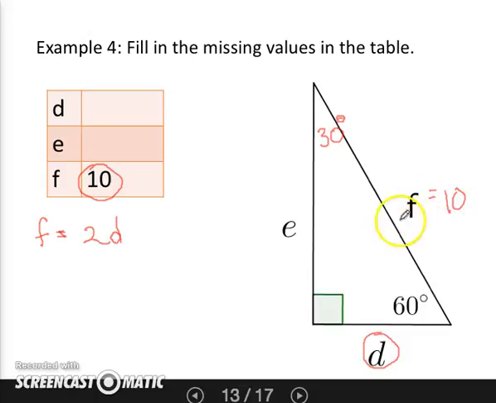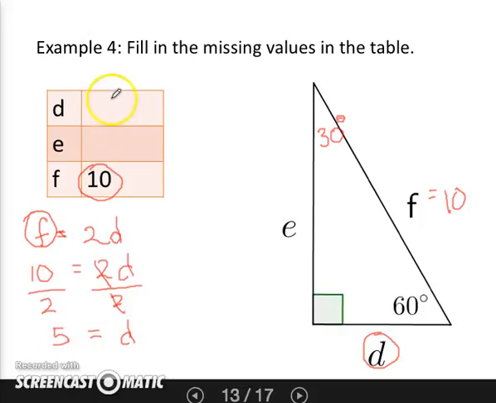Since we have a value for the hypotenuse, we have 10, which is F, equals 2D. Dividing both sides by 2, we have D equals 5. That wasn't so bad.